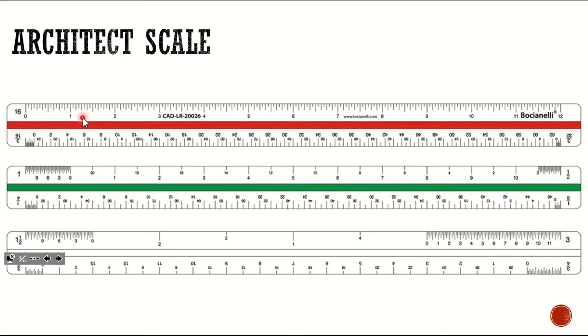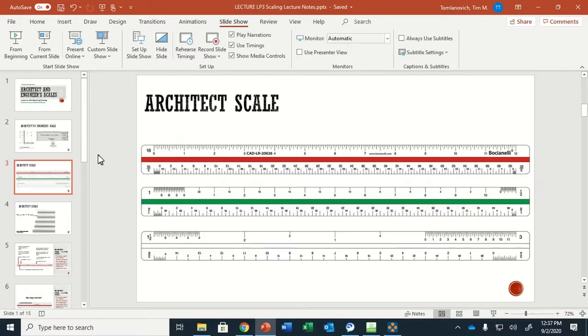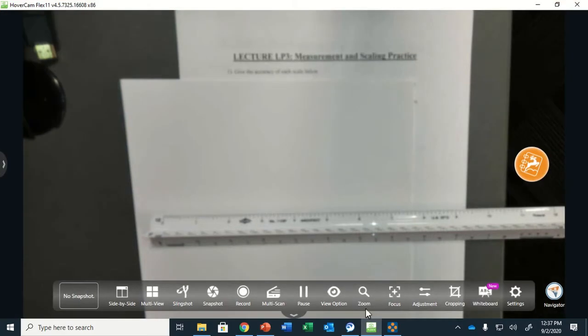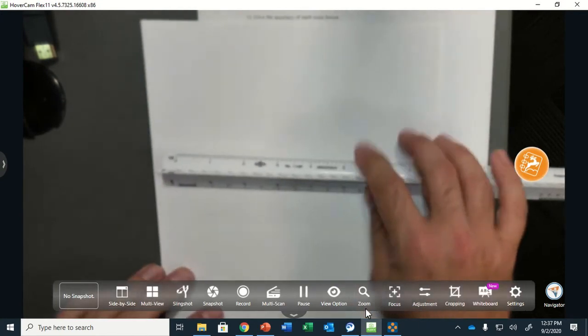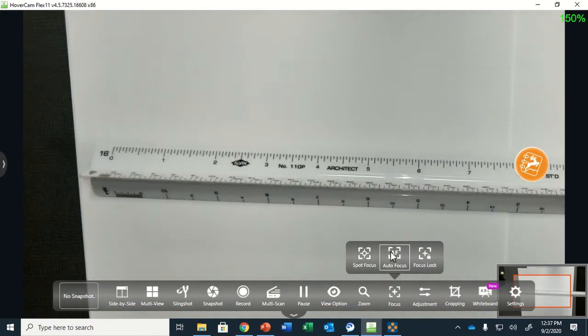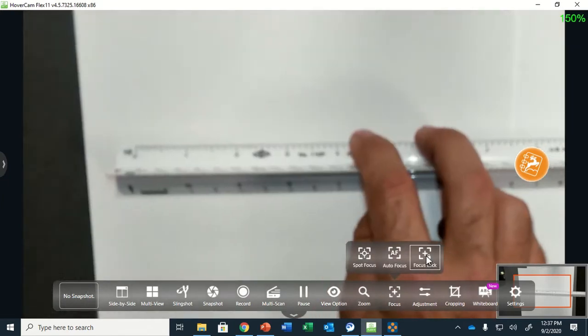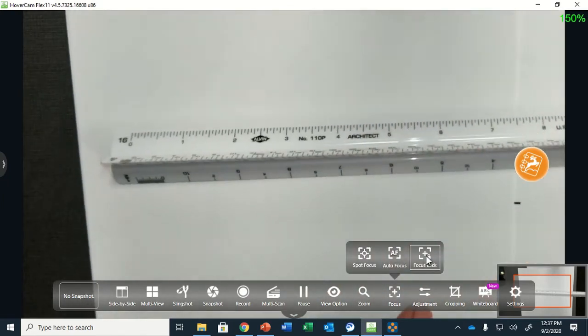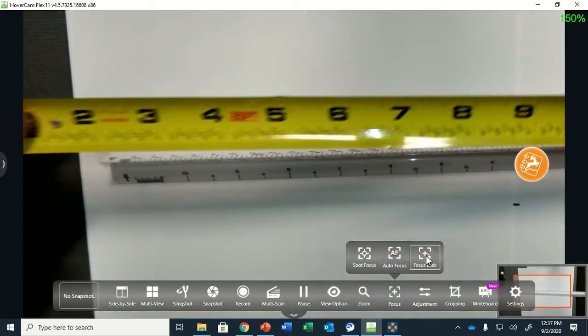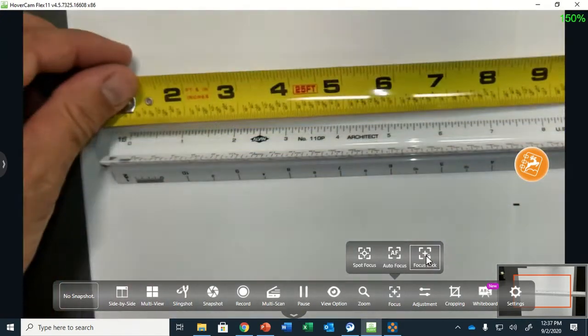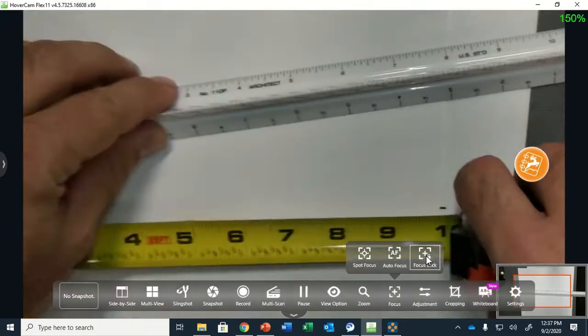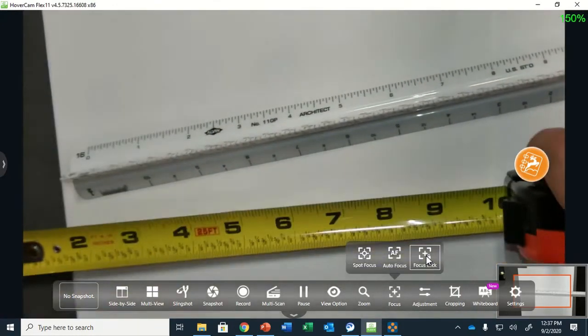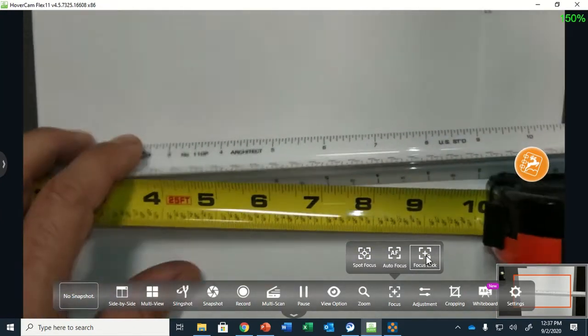So let me go to a normal ruler. So let me escape and go to the document cam here. All right, so if I look here, let's see if I can zoom in. Autofocus. Focus lock. Okay, so here's my 16 scale. All right, we'll do that one more time. Now if I throw this across, I'm just going to kind of turn things here so we can see both at the same time.